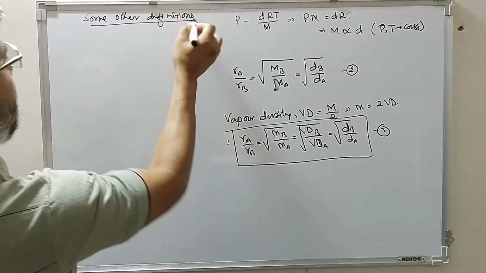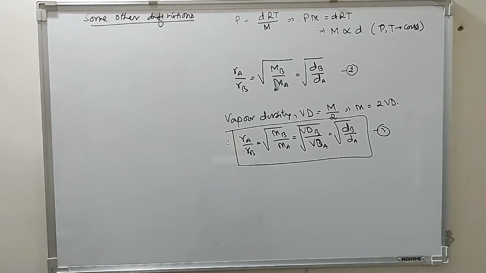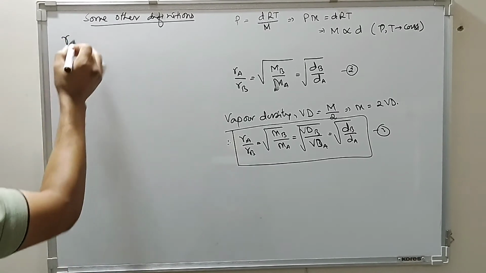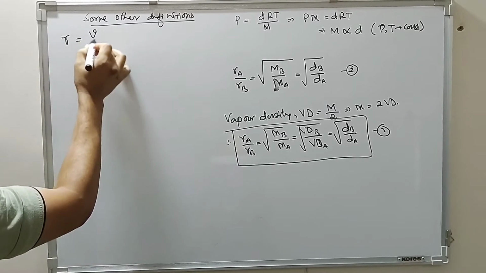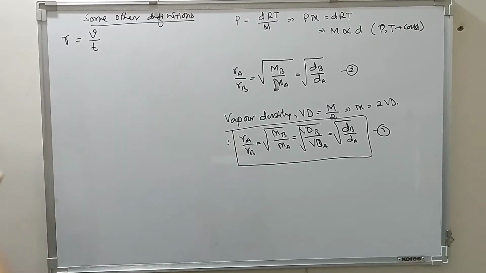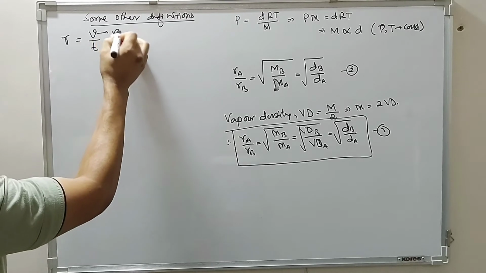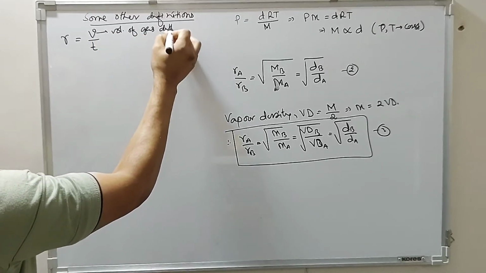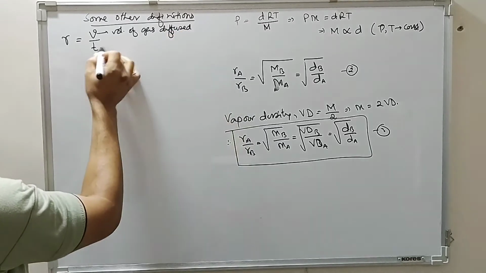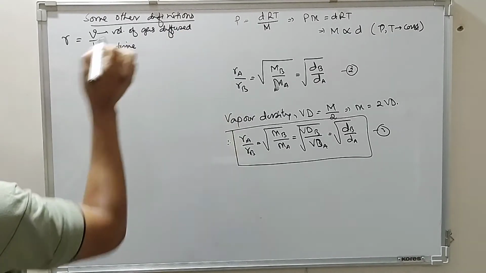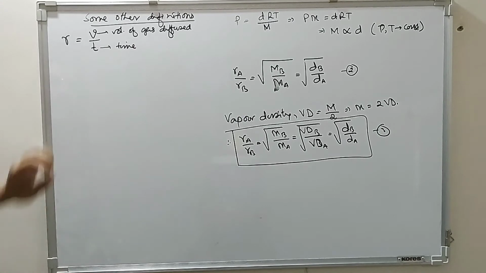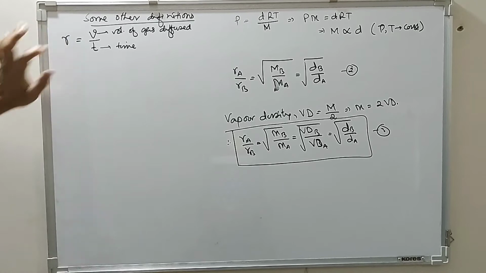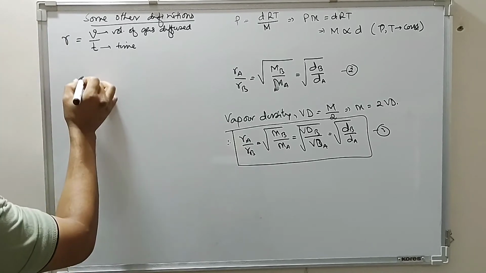Some other definitions of diffusion or effusion. Rate of effusion or diffusion is equal to the volume of gas diffused per unit time, with time in terms of seconds.